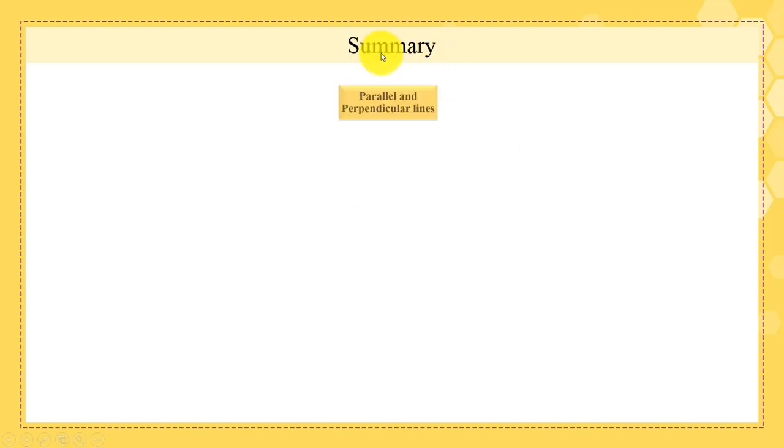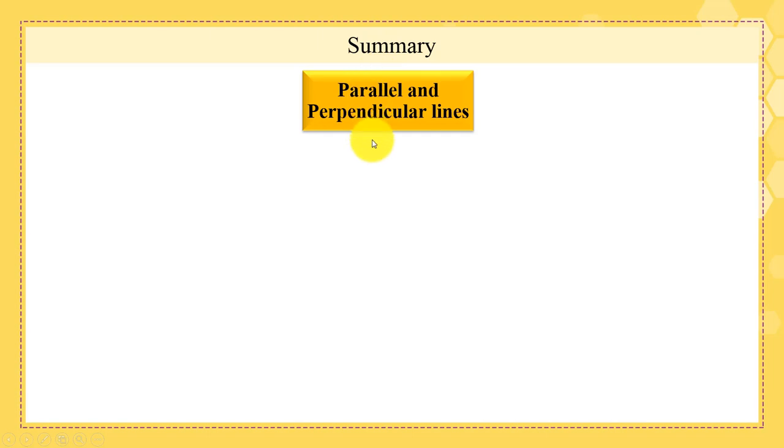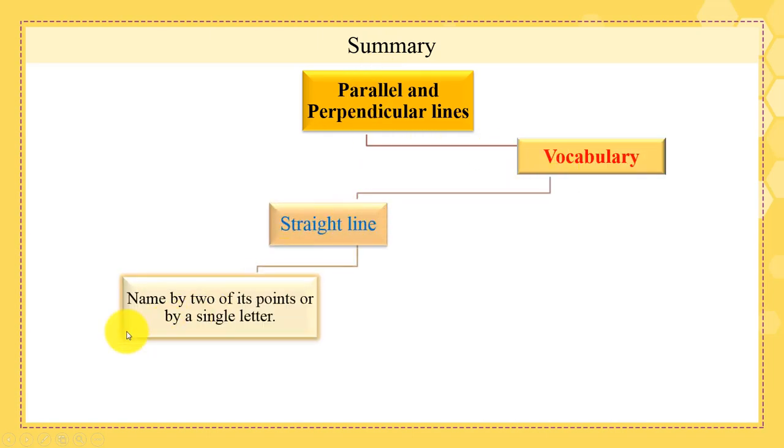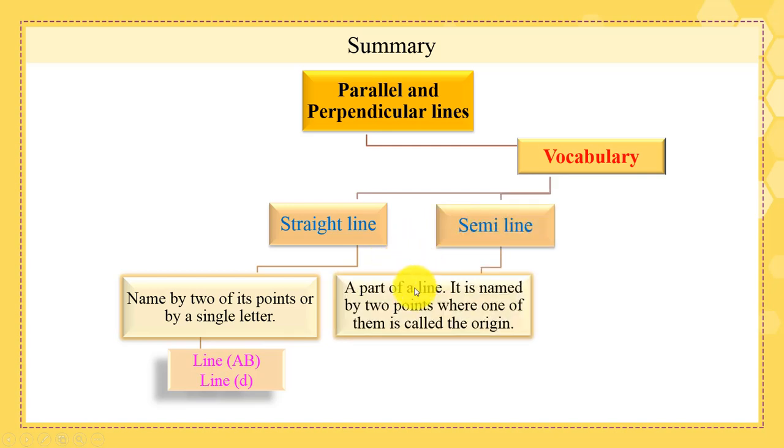Summary: parallel and perpendicular lines. Vocabulary: straight line, named by 2 of its points or by a single letter. Line AB, line D. Semi-line, a part of a line. It is named by 2 points where one of them is called the origin.